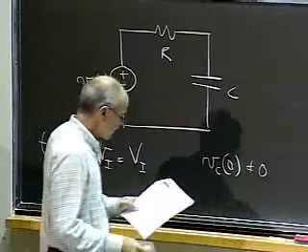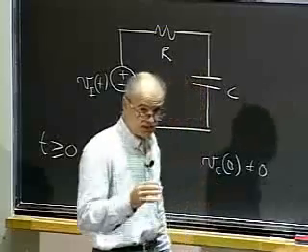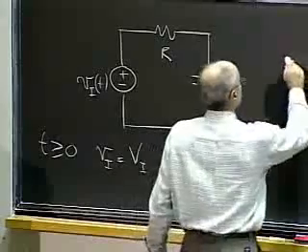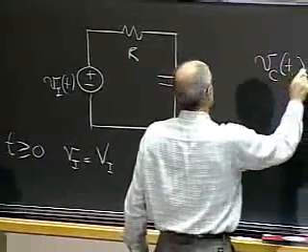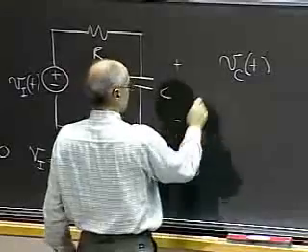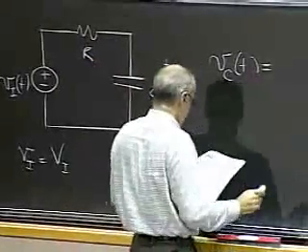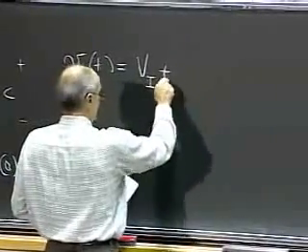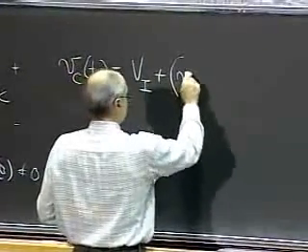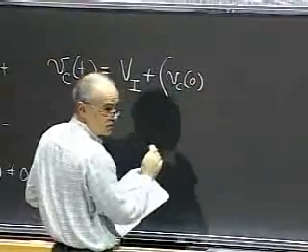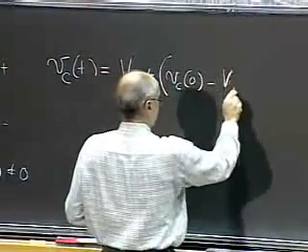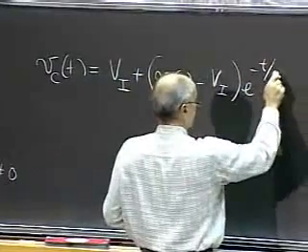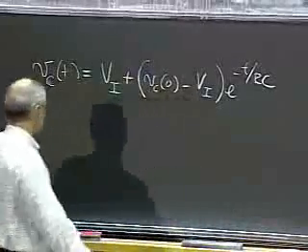Given that, we learned how to write down directly, without messing around with differential equations, the answer for the voltage on the capacitor. Vc of t is equal to Vi, the final value, plus Vc of 0, the initial value on the capacitor, minus the final value, times e to the minus t over RC.